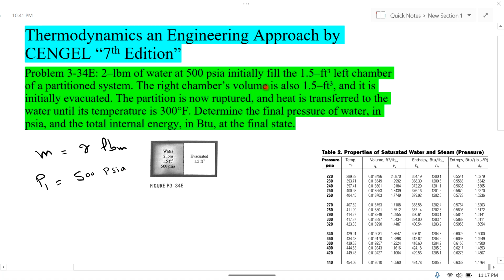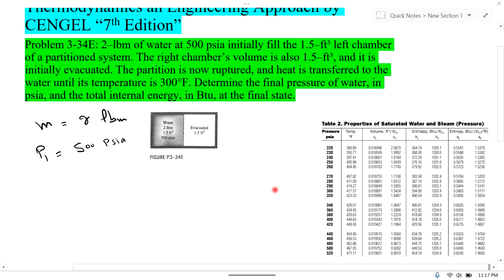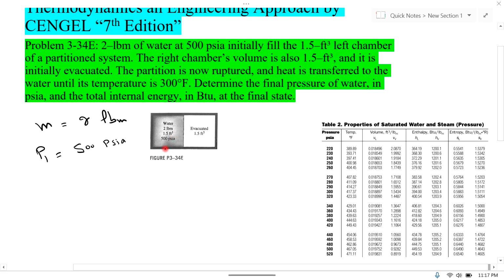Initially it fills the 1.5 cubic feet left chamber. This is the total whole chamber. The left chamber is initially filled with water and the right chamber is evacuated. So the volume of the left chamber which is filled with water is 1.5 cubic feet.